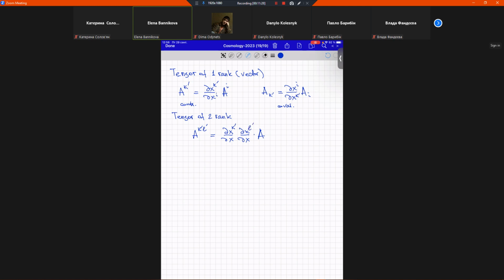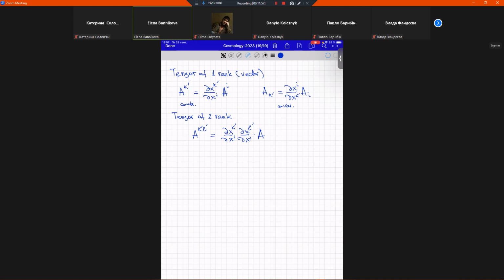And the other indexes are summation indexes, let's call them I and J. And I need to put, because we make a transition of the contravariant component of the vector to again the contravariant component of the tensor, sorry, of the tensor.